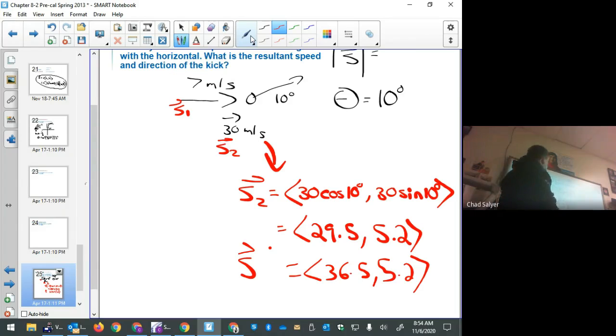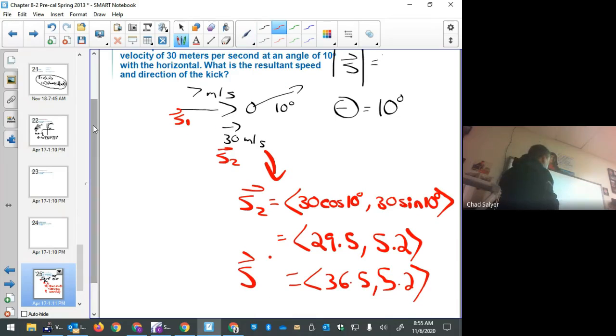So that's why I had to revise my solution here. Okay. I think we're good to go on this.